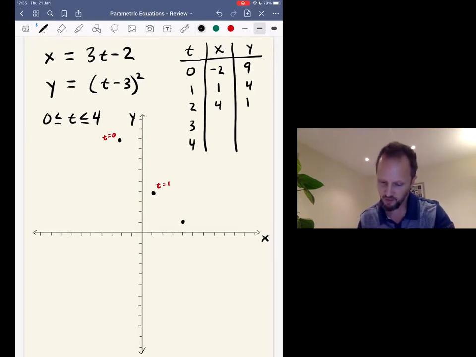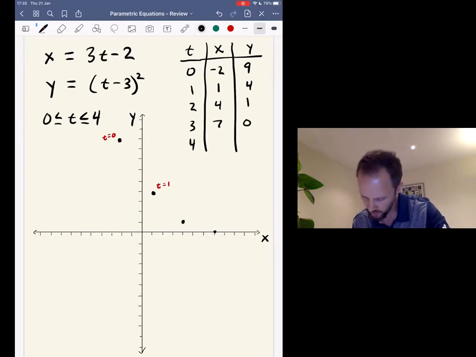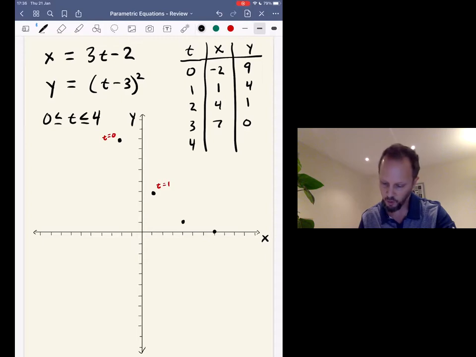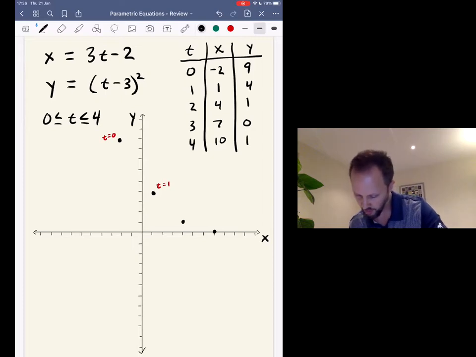And when t is 3, x is 7. When t is 3, y is 0. So you get 7, 0. When t is 4, x is 10. When t is 4, y is 1. So that would give you that point right there.